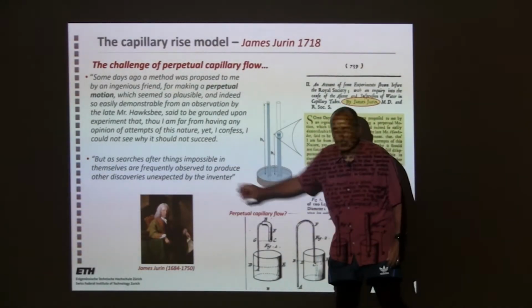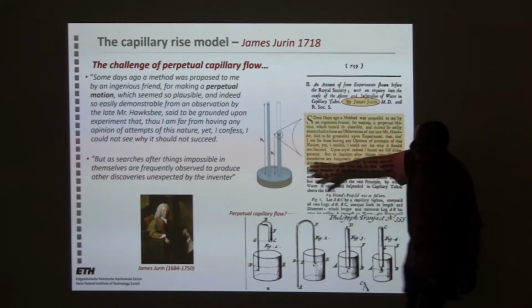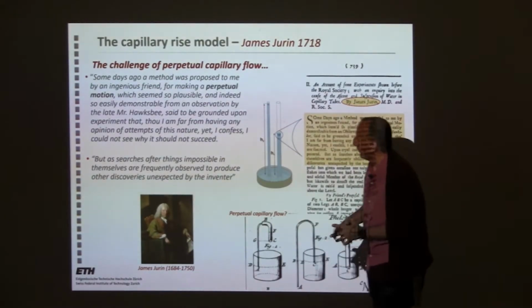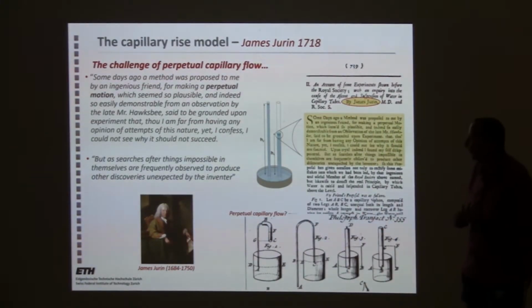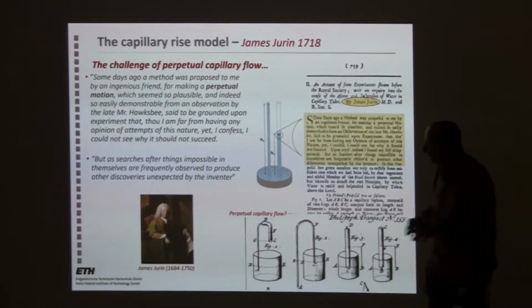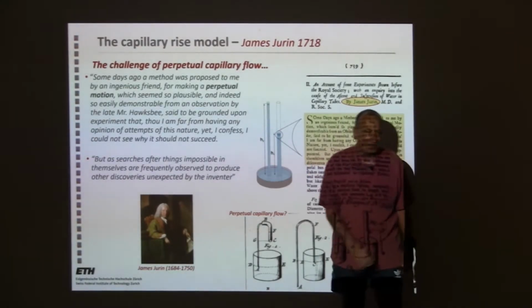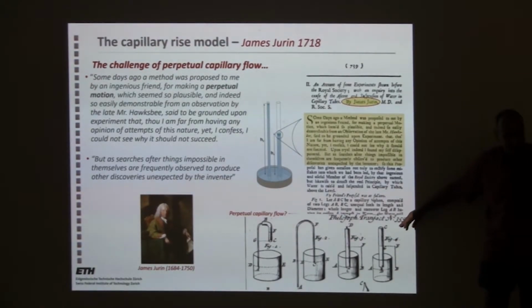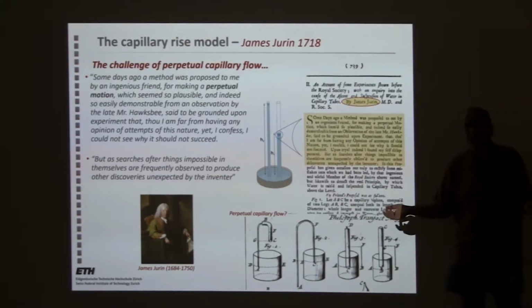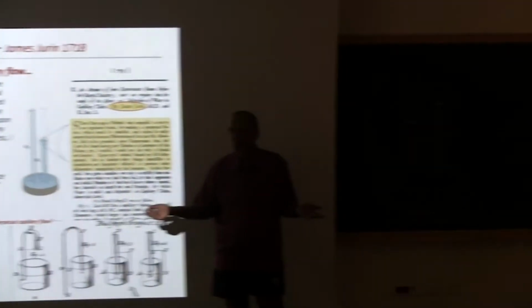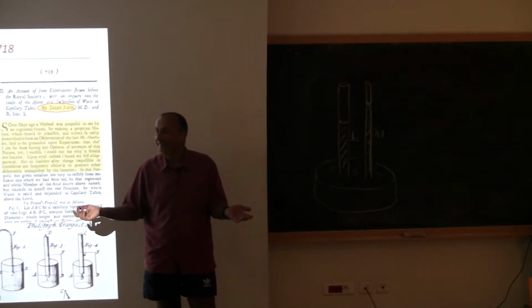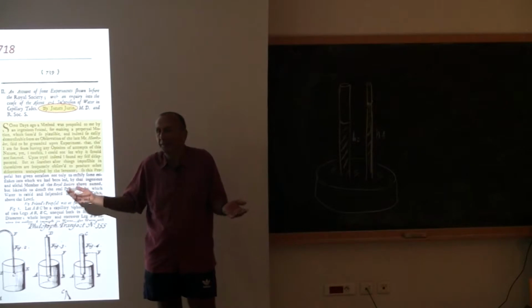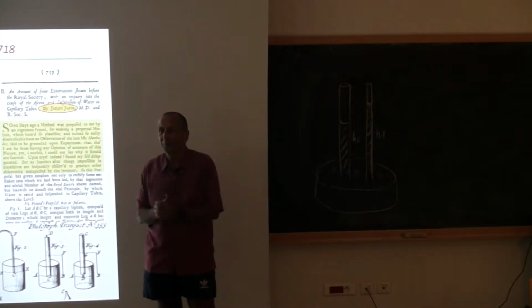Anyway, in the same paragraph, at the ending, he said, but as searches after things impossible in themselves are frequently observed to produce other discoveries unexpected by the inventor. So he was completely reflective on the situation, saying, okay, I realize this is not going to work. By the way, why shouldn't it work? Yeah, but tell me why this shouldn't work.